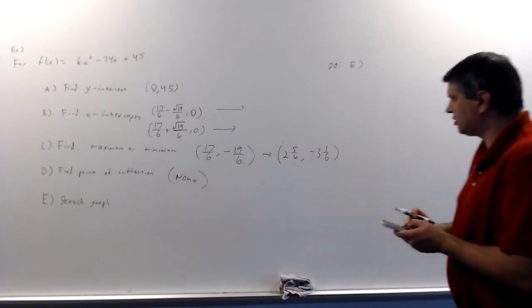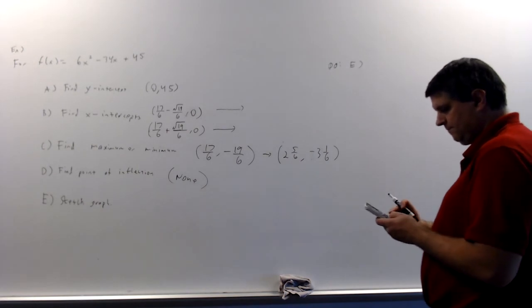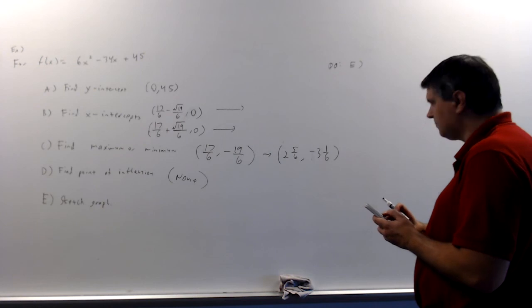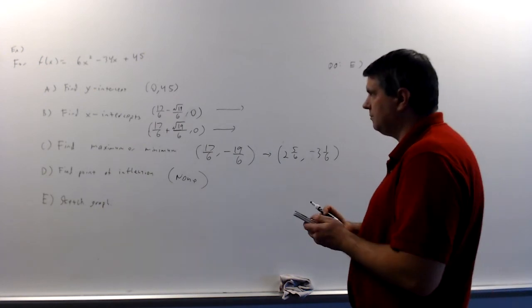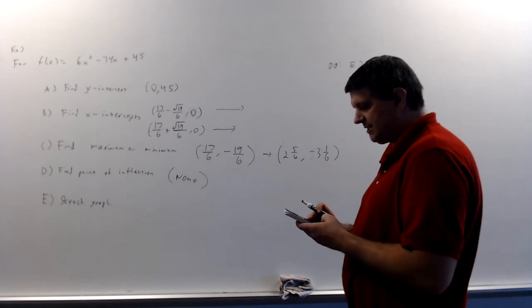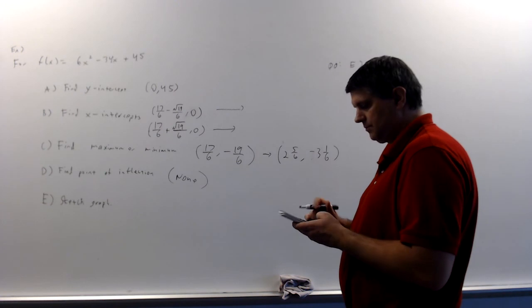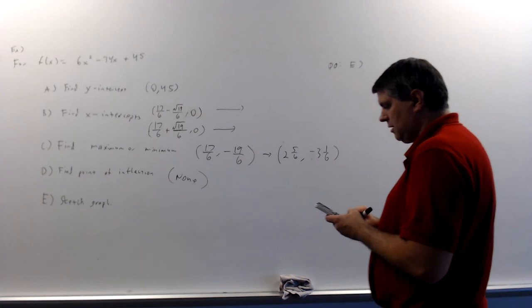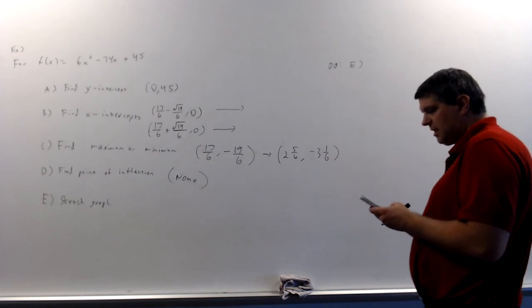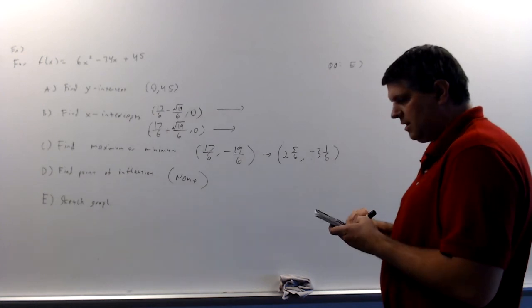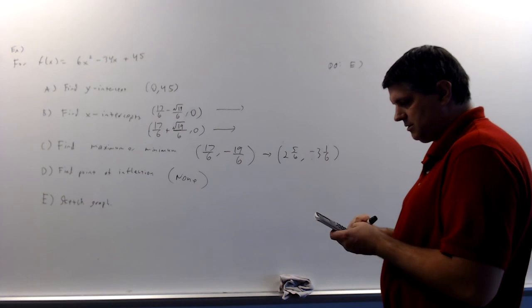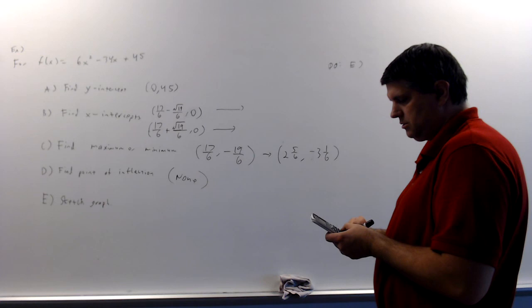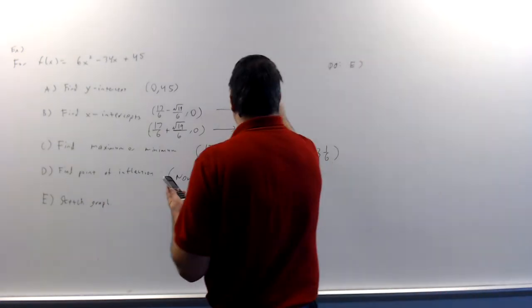Okay, I'll check the first one again. Yep, 2 5/6. All right, for this one, (17 minus 19 square root of 19)/6, approximately 2.1.